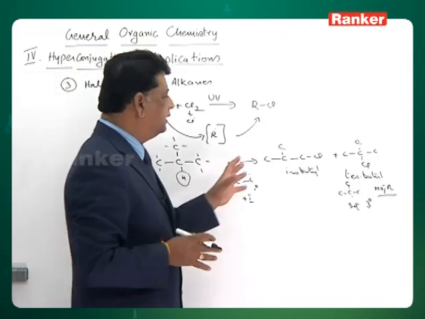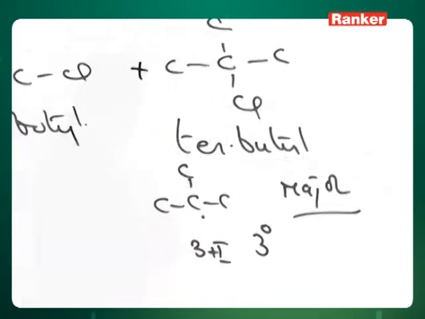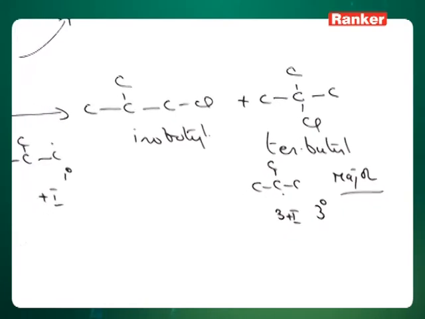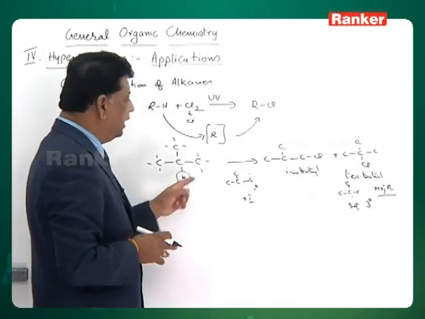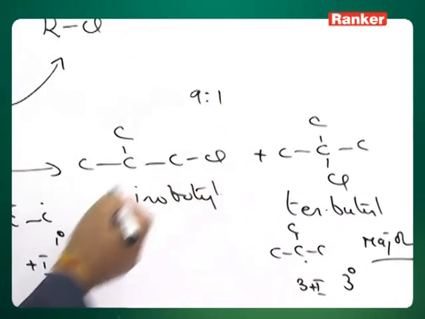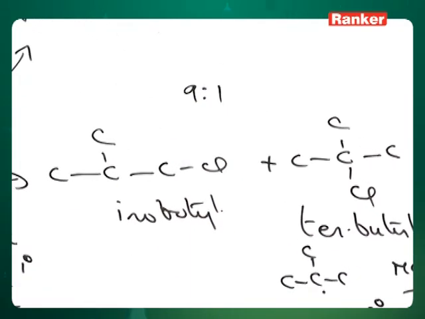But what is the expected ratio? If you see the probability, 9 hydrogens will give this one product and only the middle one gives the other. So based on probability, you will get a 9:1 ratio.